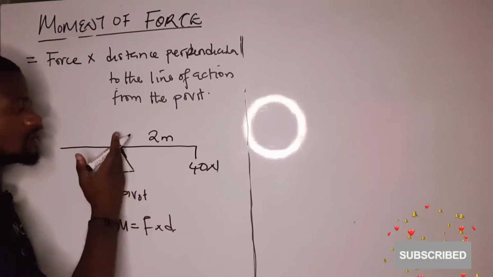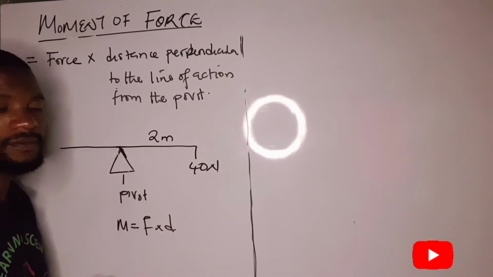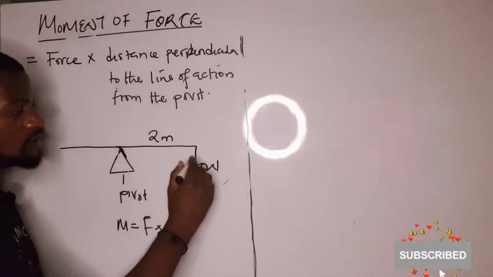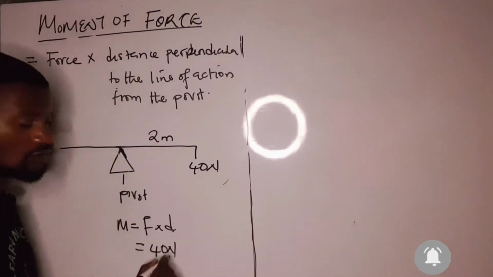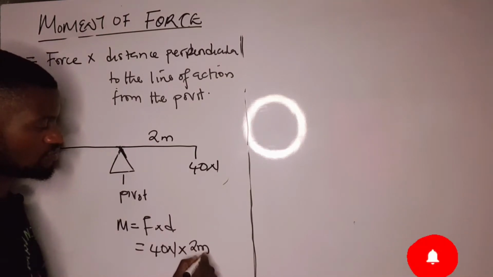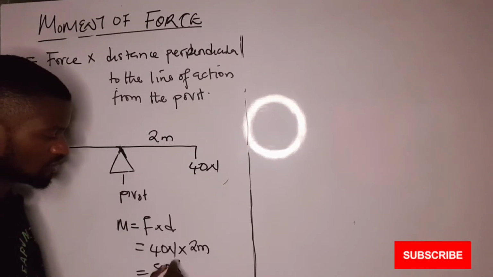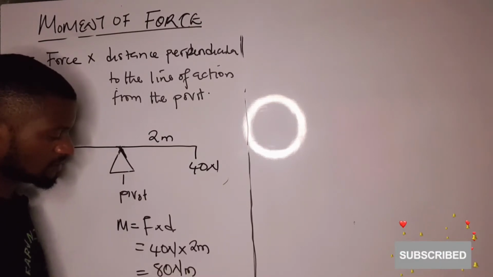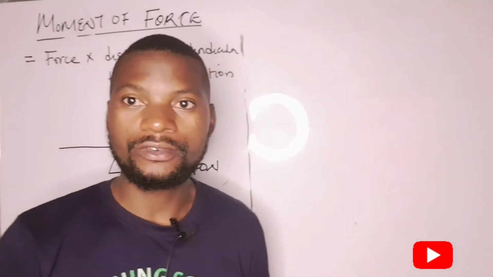So this is the distance from here up to where the force has been suspended. Then we have our force, which is 40 newtons, times 2 meters. You are going to have 80 newton meters. So that will be our moment of force.